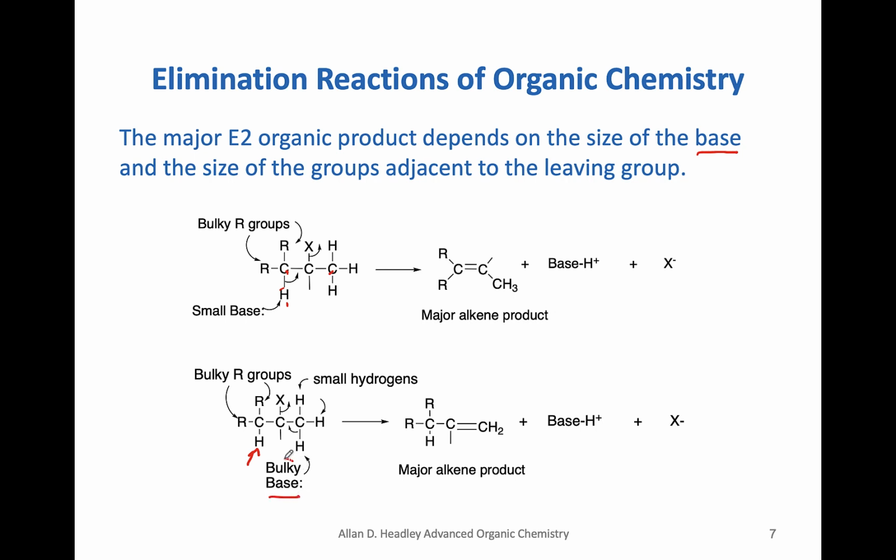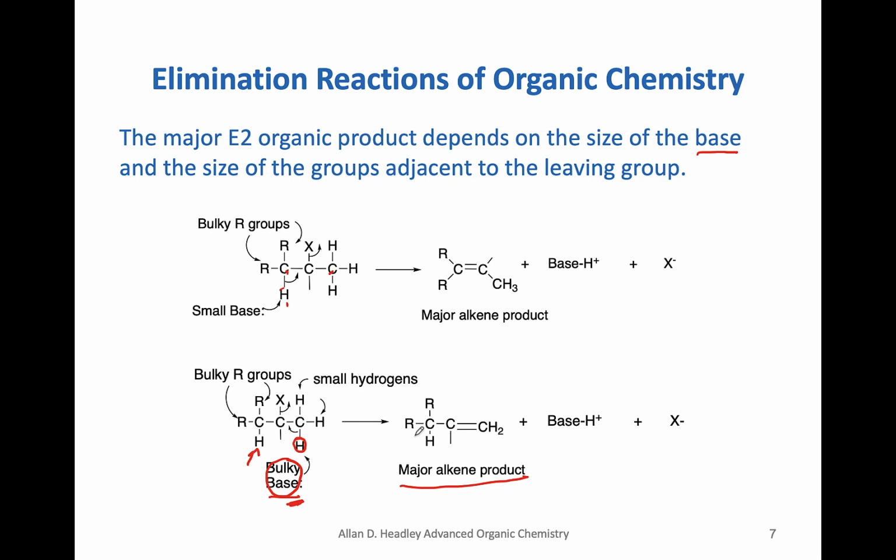So this bulky base here will abstract one of these hydrogens as a proton. These electrons will swing in to form the double bond here. So this would be the major alkene, major product. Notice it's not the most stable product, but it's the major product from this type of reaction as shown here.